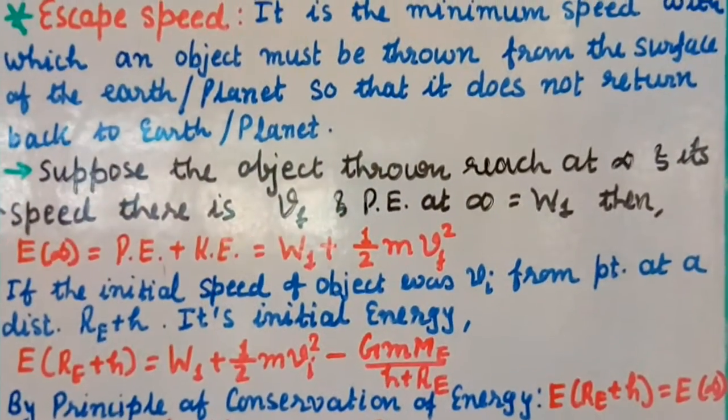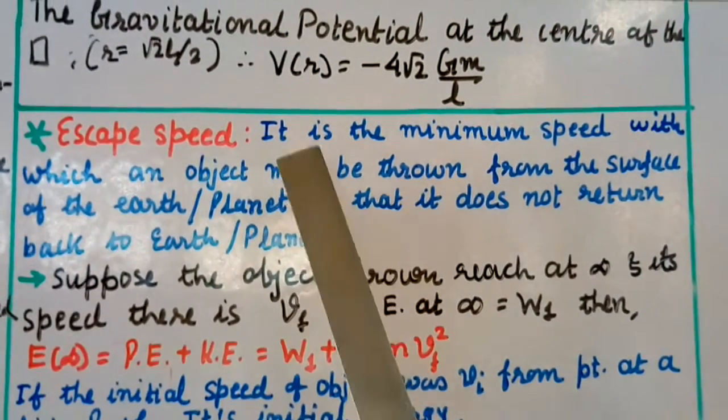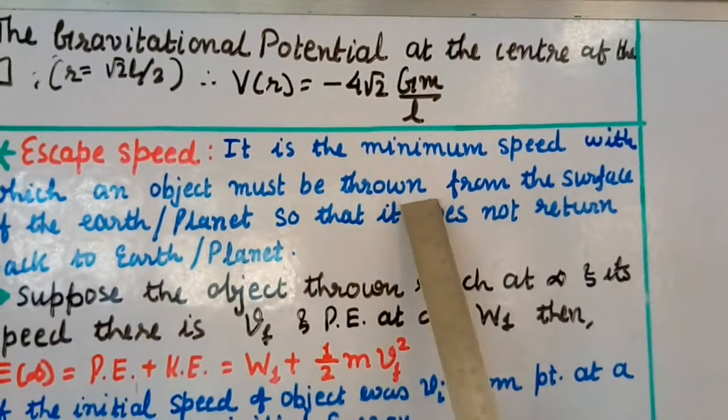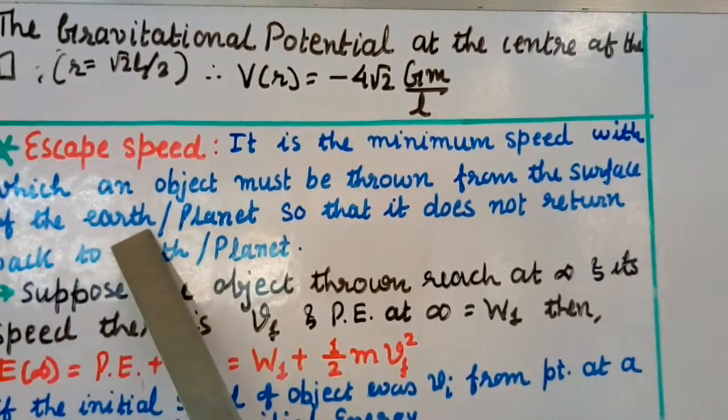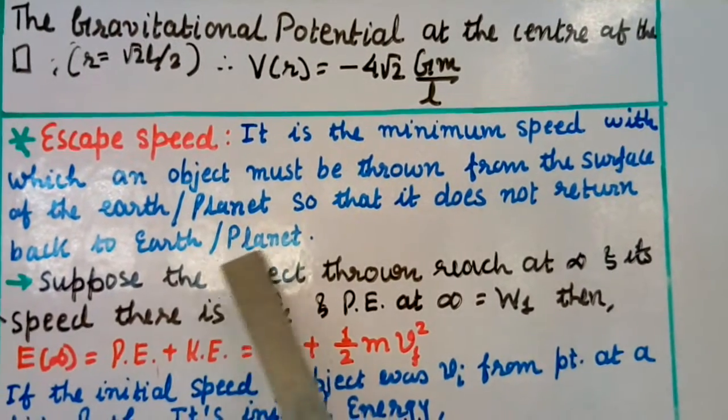Next we have escape energy. Now what do we mean by escape energy? It is the minimum speed with which an object must be thrown from the surface of the earth or a planet so that it does not return back to the earth or planet.